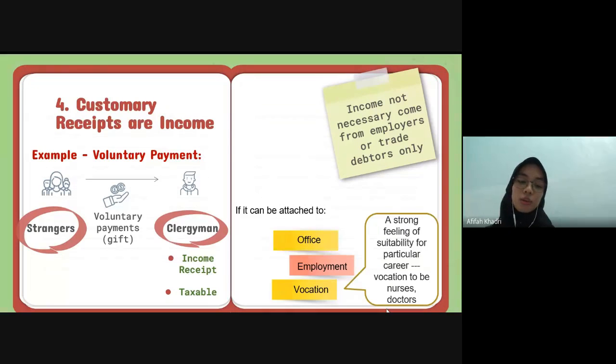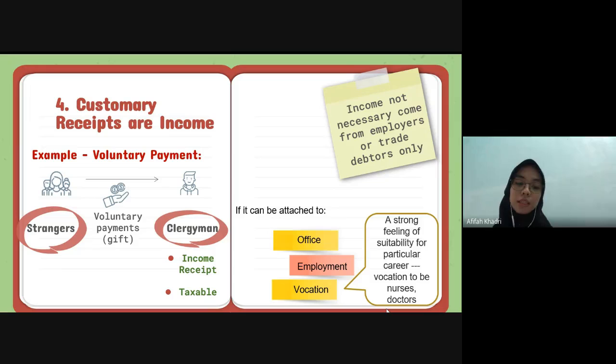A stranger or outsider will give voluntary payment to them in exchange for their services, for example, their prayers or their advice in certain events. Even though it is voluntary pay by strangers, it is considered as profit or gain in the hand of the recipient.